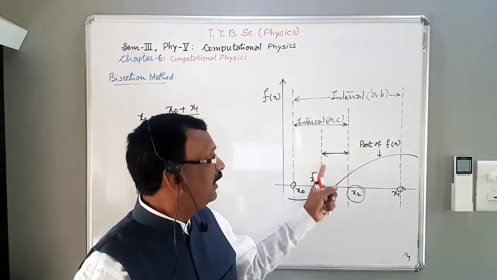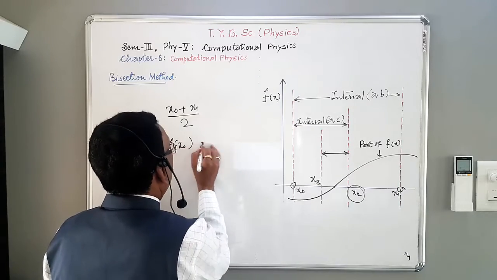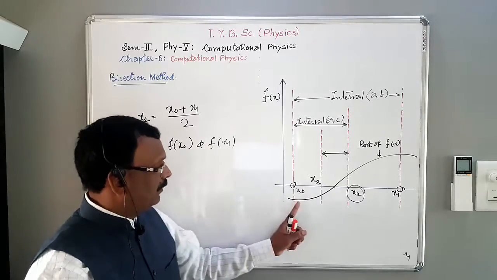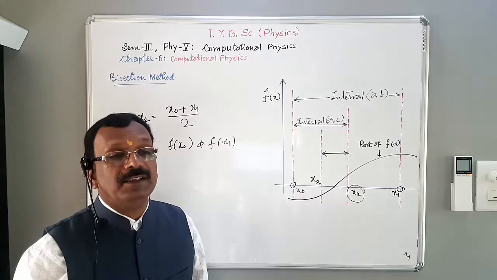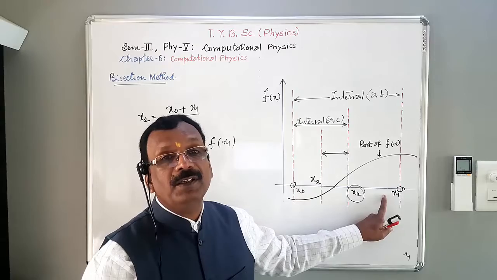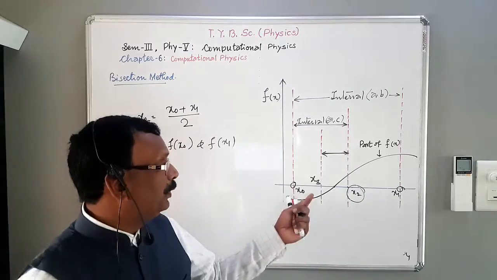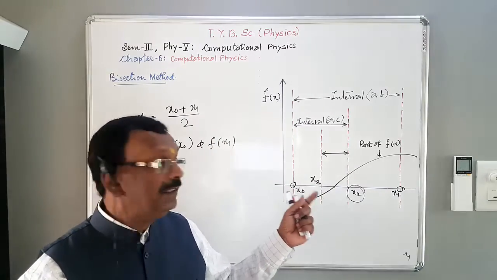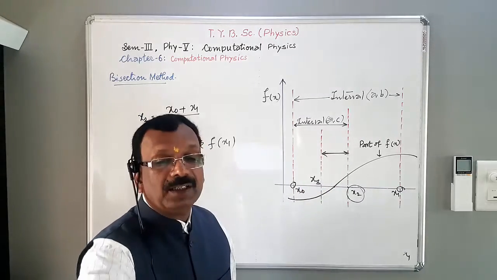From this figure we can say that f of x0 and f of x1 have opposite sign. One of them, x0, has a minus sign and x1 has a plus sign. Hence the root lies between x0 and x1. We further divide the new interval into two halves, with new interval AC as shown in this figure.